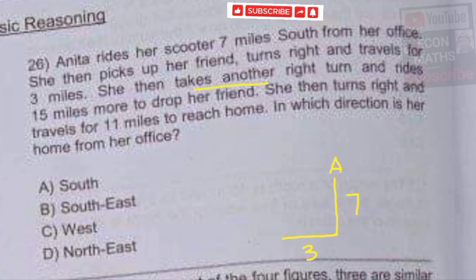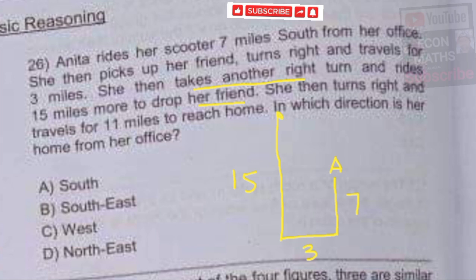She then takes another right turn and rides 15 miles. So when she took another right turn for 15 miles, let us say this is 15 miles to drop her friends. She then turns right and travels 11 miles to reach home.